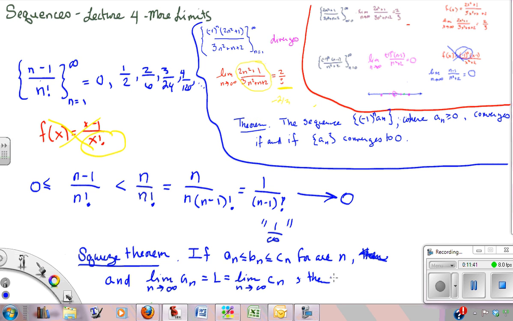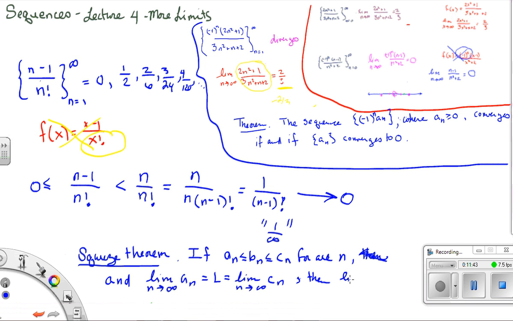Then b_n gets squeezed to the same thing, right? Then the limit as n goes to infinity of b_n is equal to that as well. So the sequence consisting of the constant 0 goes to 0. The sequence that this is less than, n over n factorial, goes to 0. Therefore, this thing here goes to 0. And we're done. All right.